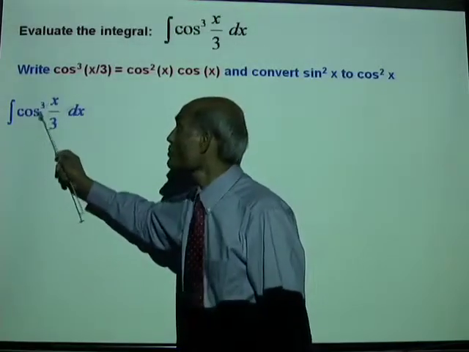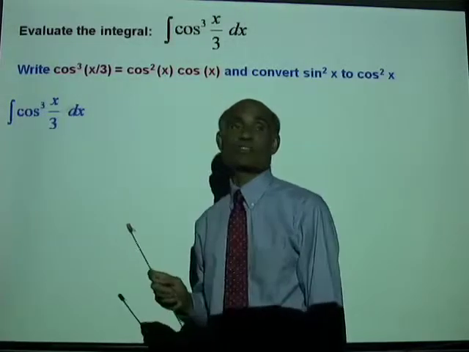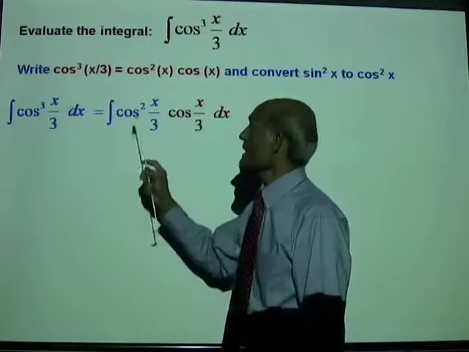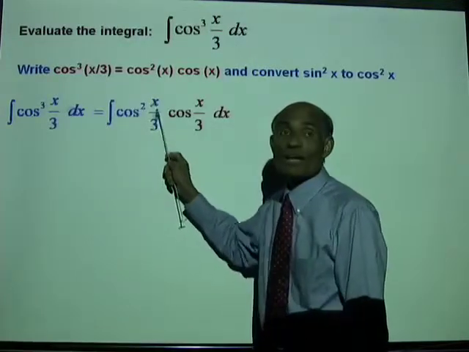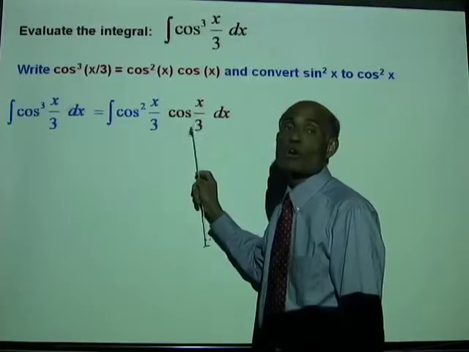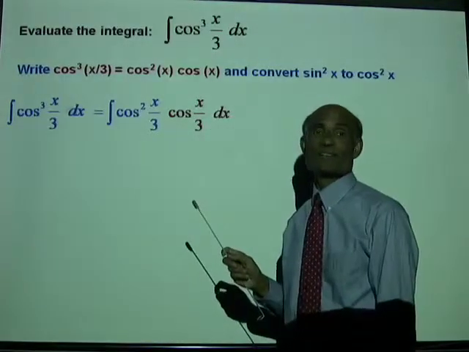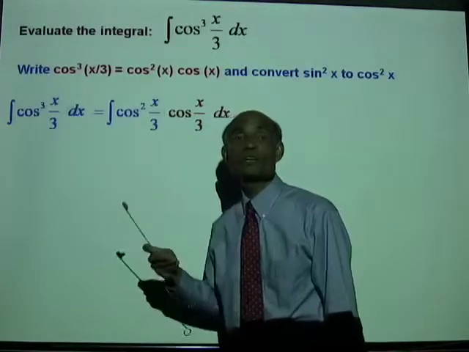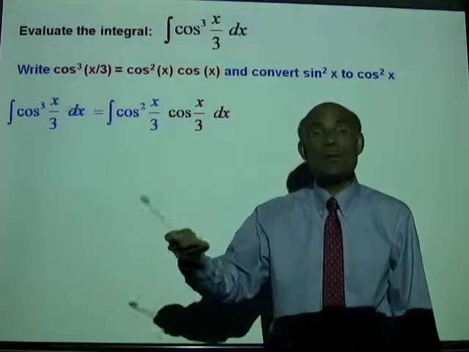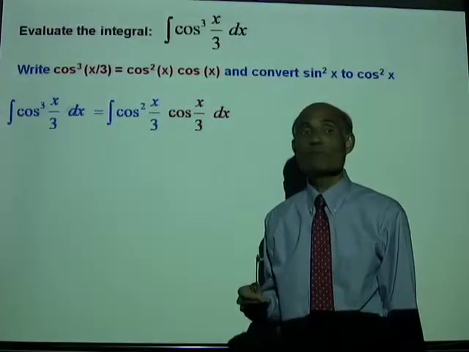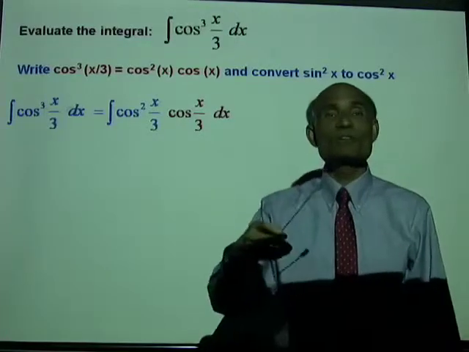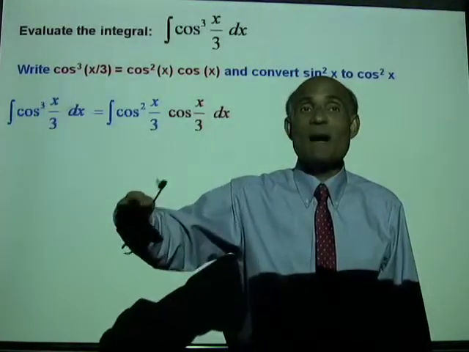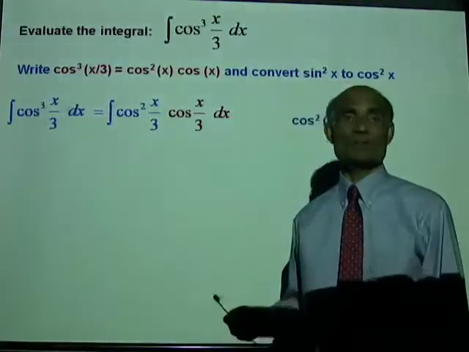Integral cos cube x over 3 dx equal to integral cos squared x over 3 times cos x over 3. And we need to change this cos squared x over 3 in terms of sine squared x over 3. How? Cos squared x over 3 is 1 minus sine squared x over 3.